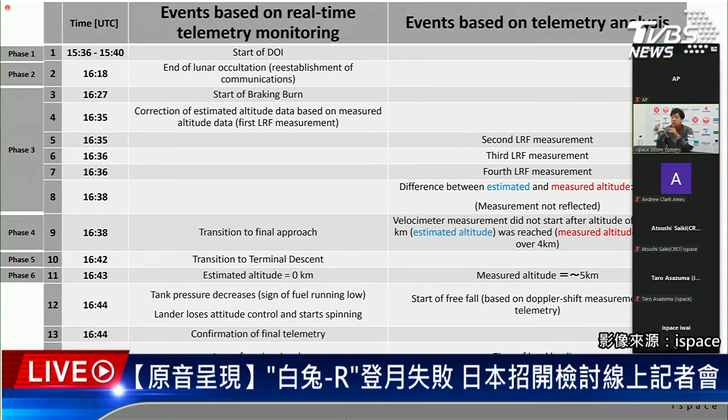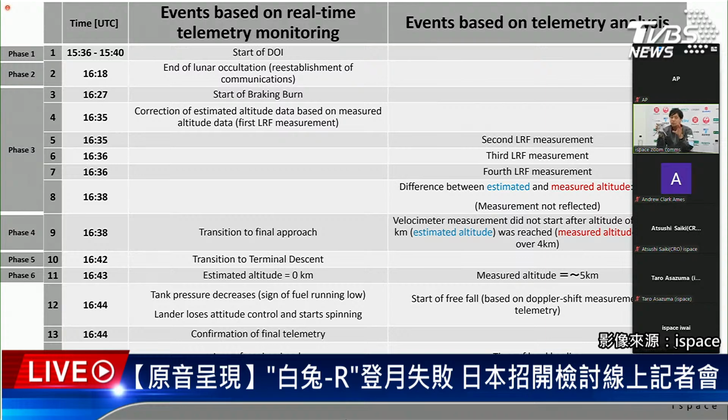In addition, the lander has a laser rangefinder, a sensor to measure the altitude. With this laser rangefinder, the lander always corrects and improves this estimation. This correction successfully happened at number 4.